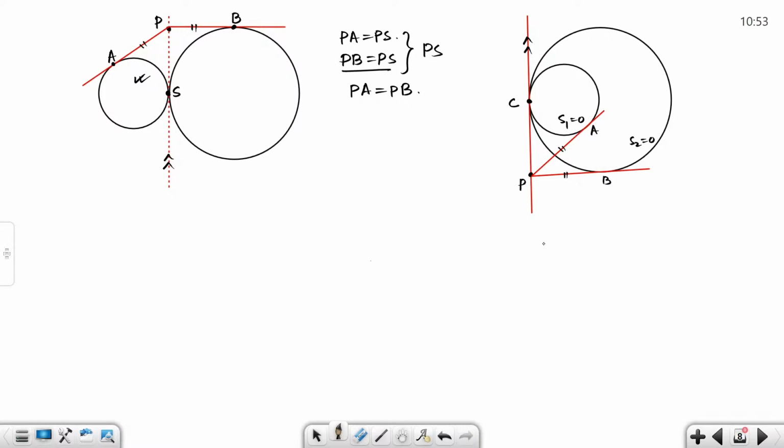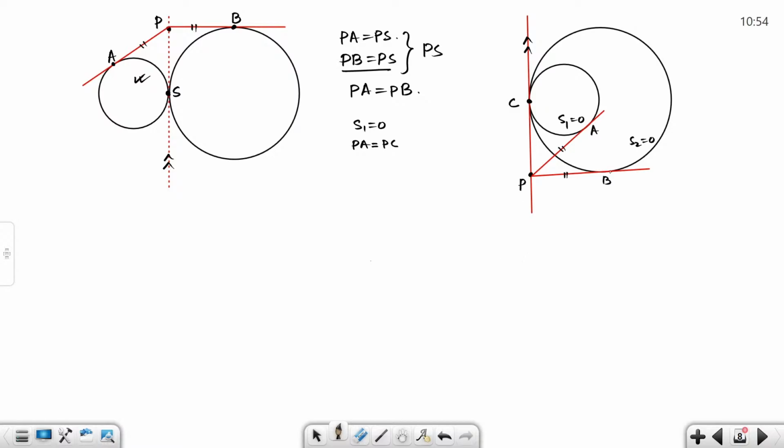Now consider the circle S1 equals 0. P is a point outside this circle and from this point we have drawn two tangents, PA and PC, and they must be equal. Why? Because we know that from any point outside a circle, if we draw two tangents to the circle, their lengths are always equal. These are all basic principles.